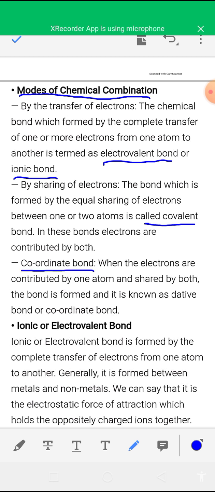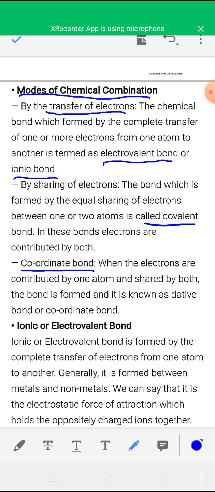The first mode is electrovalent bond or ionic bond, and it is formed by transfer of electrons from one atom to another atom.